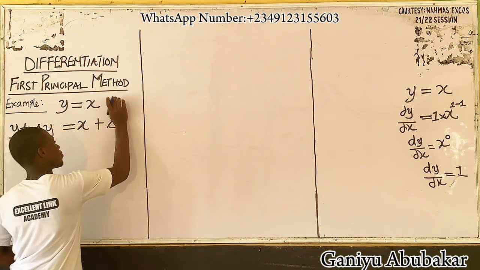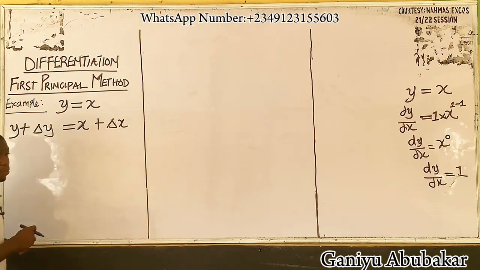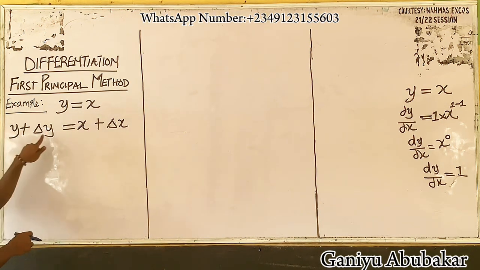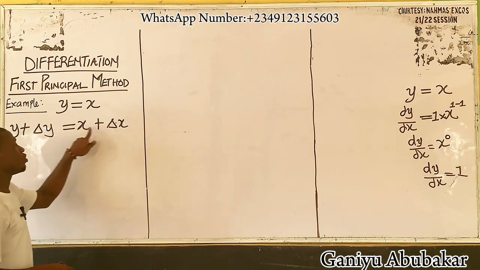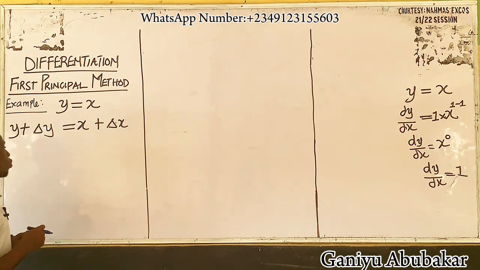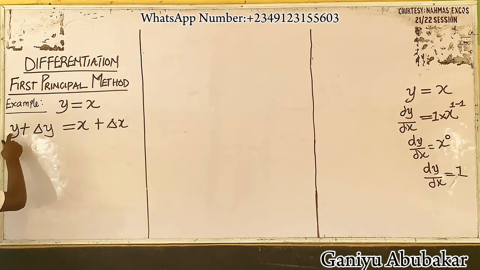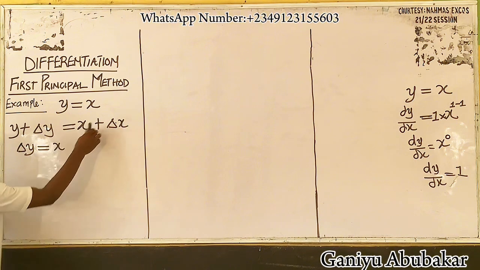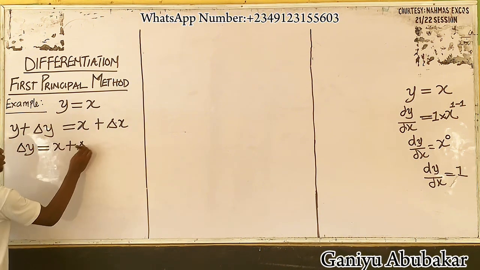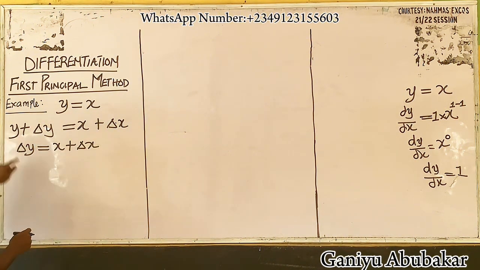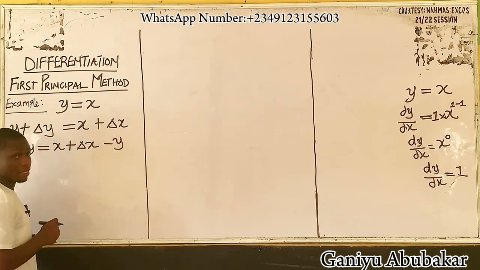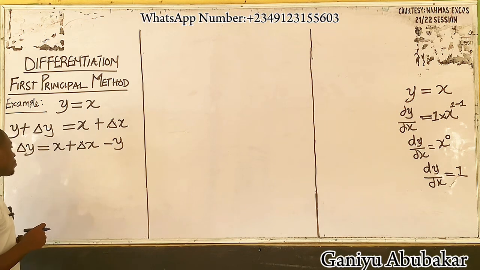Proceeding from here, I'll take this y to the other side. I'll be left with change in y is equal to x plus change in x. Of course, if I take a positive y to the other side, it becomes a negative y.